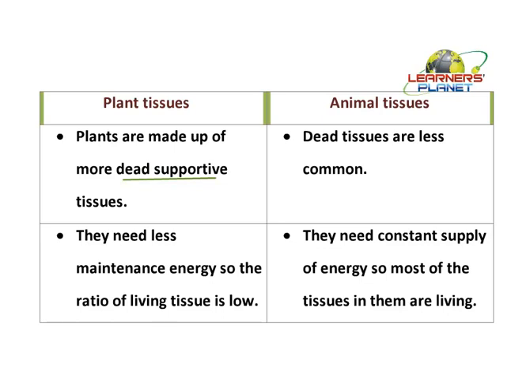And for this purpose, it is best fulfilled by dead tissues. So plants are comprised of mostly dead tissues. Why? Because they need support, and dead tissues of course provide great support. Opposite to this, in the case of animals, dead tissues are less common.